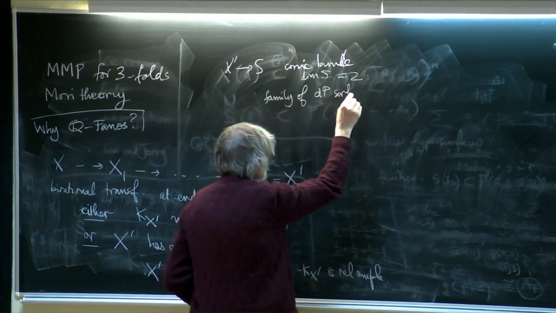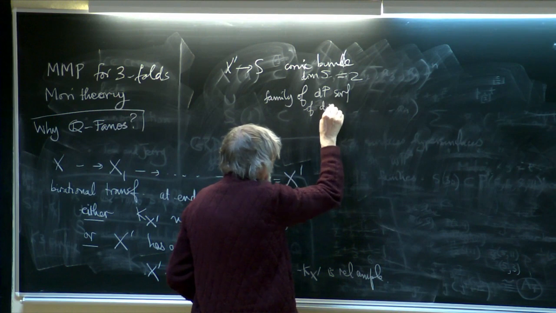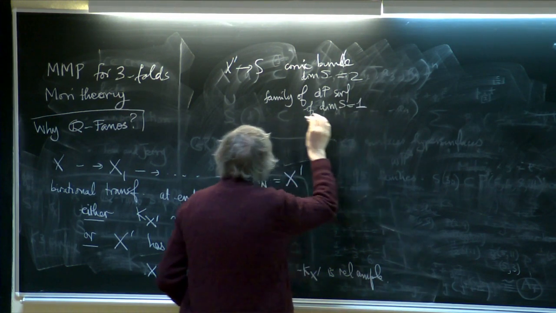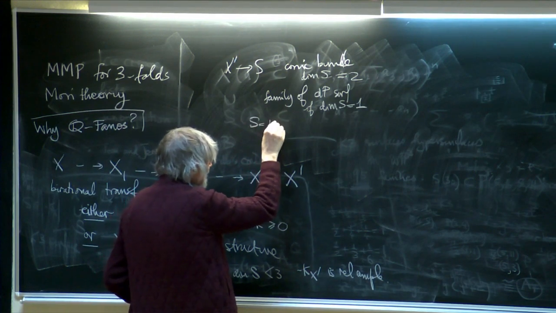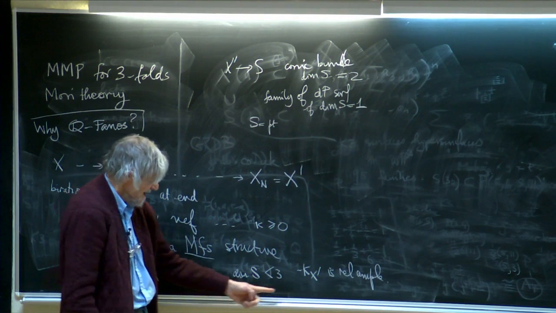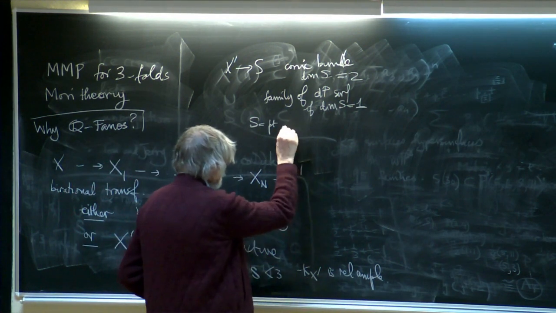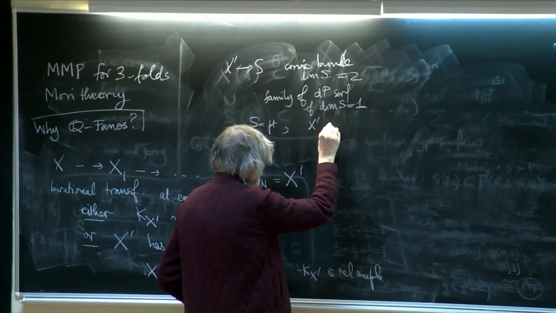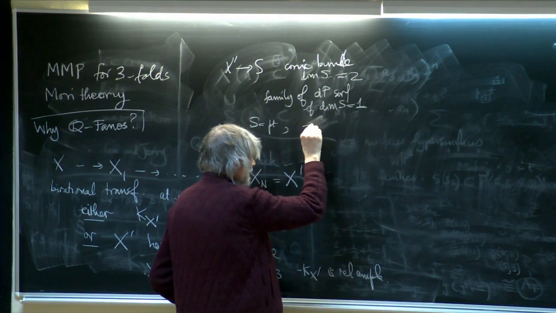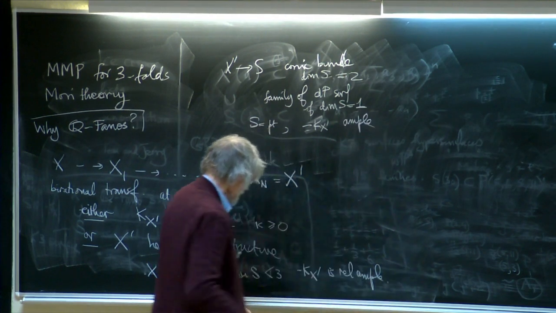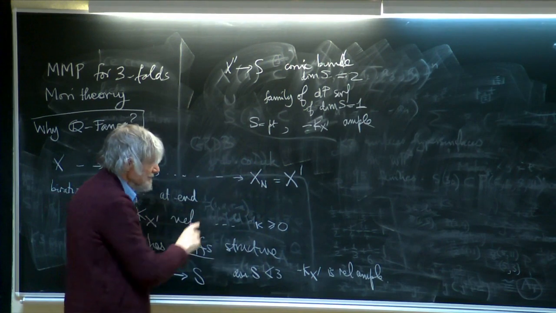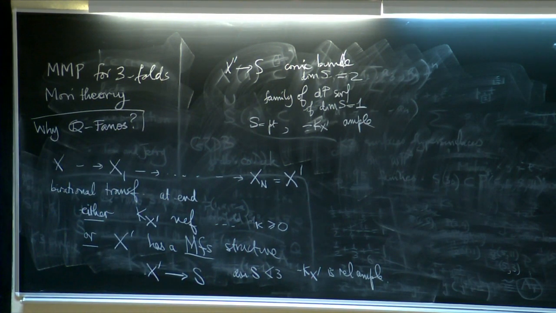And if dimension S equals 0, S is a point, and this condition that minus K is relatively ample says that minus K_X' itself is ample. So S is Spec of a field, in my case Spec C, and that means it's a Fano variety over C.